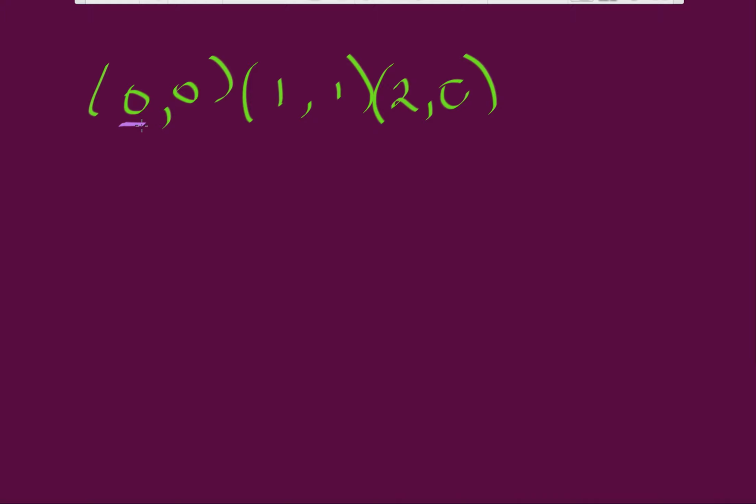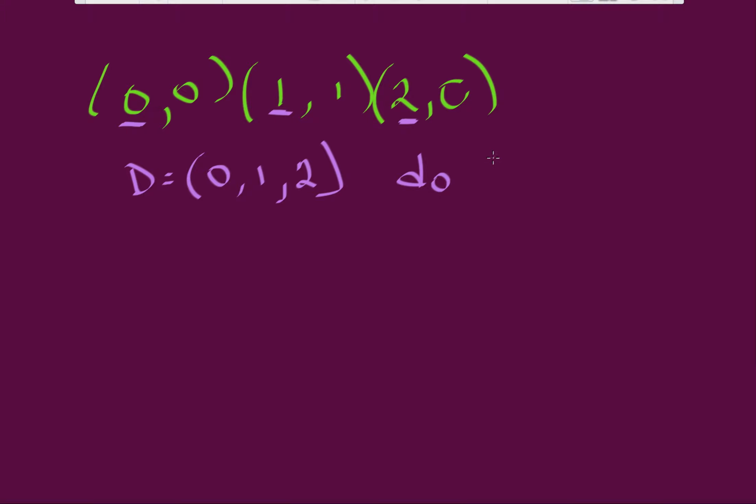What's the domain? Well, the domain is all the x's. What are all the x's? Domain is 0, 1, and 2. Is this a function? I don't know. Do they repeat?